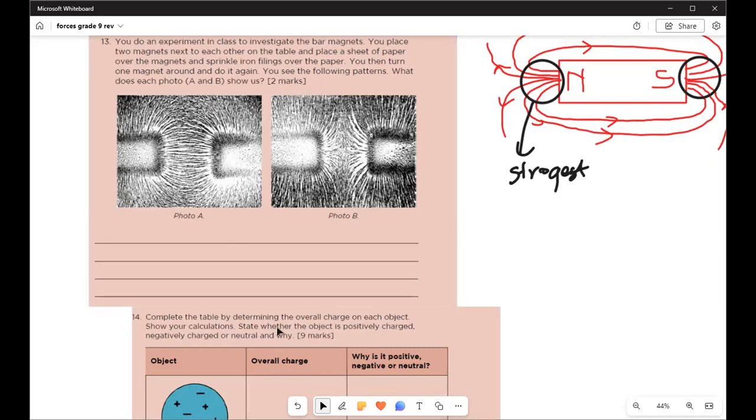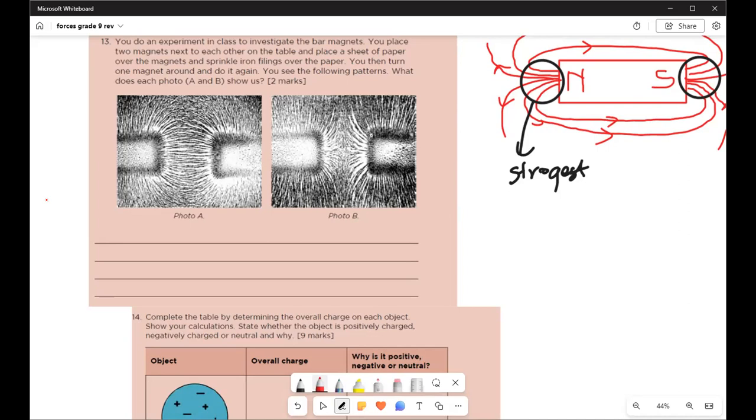Okay, let's check them. What you need to know here is this. Like poles are going to repel each other. They're going to push each other away. For example, if one magnet's North Pole is facing the other magnet's North Pole, you're going to see some repulsion. The field lines are not going to join. They're going to repel each other.